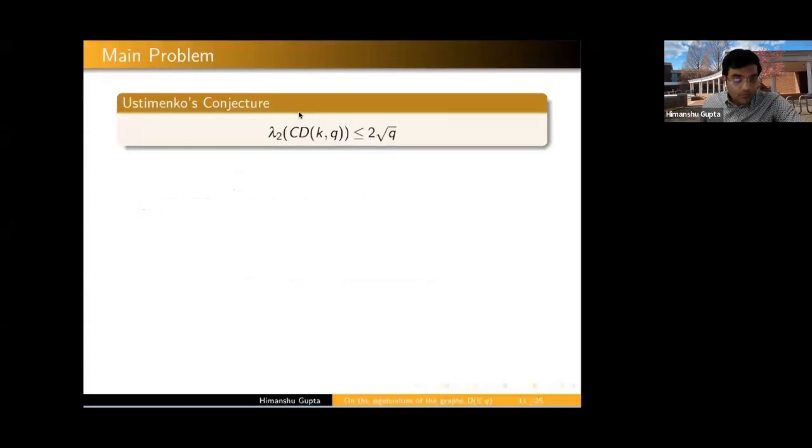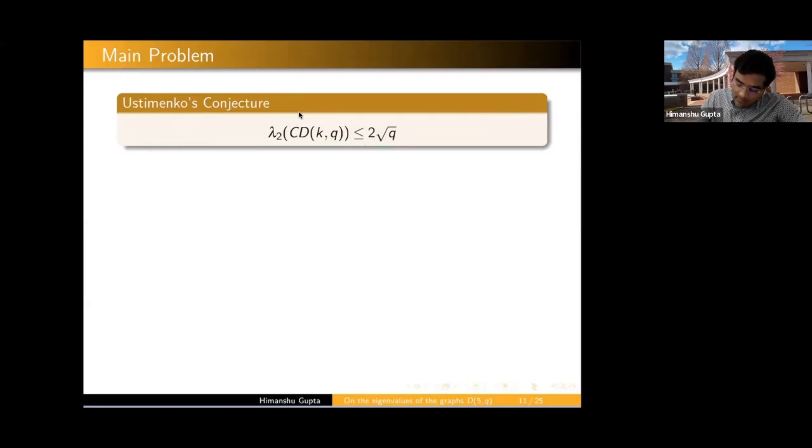But what we are interested in is this conjecture by Ustimenko, which is about the spectral properties of this graph. The conjecture says that the second largest eigenvalue of a connected component of D(k,q) is at most 2 square root of q.